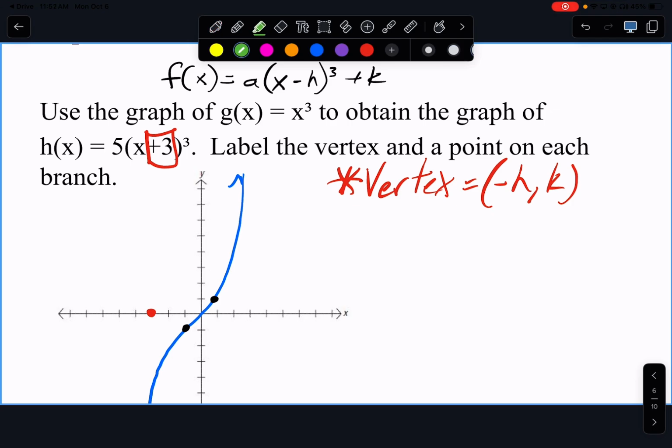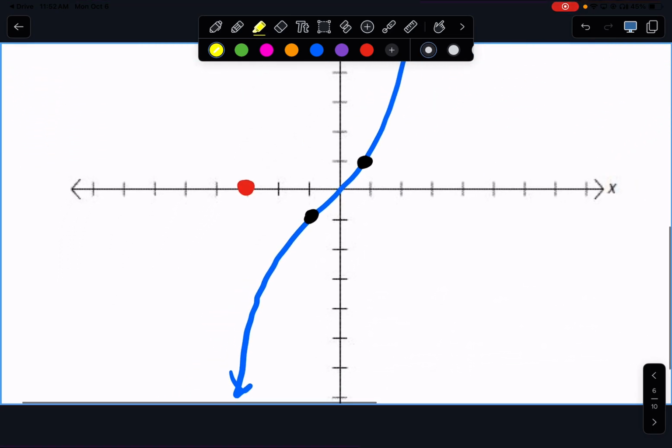Okay, now this part of our question says label a point on each branch. So we already labeled our vertex, right? Now we need a point on each branch. What that means is it's on either side of our vertex, so to the left of the vertex and to the right of the vertex. So looking at this right here, what x value is that? -3. 1, 2, 3, 4.